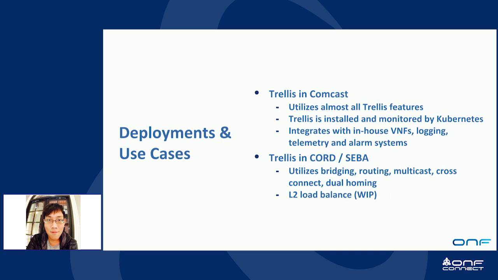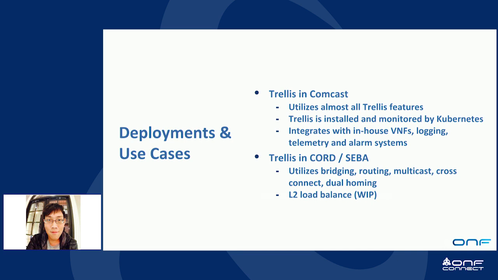And they install Trellis and they monitor Trellis using their Kubernetes system. And then they also integrate Trellis with their in-house built VNFs and logging, telemetry, and alarm systems. In this case, Trellis is used as a standalone system, although it's integrated with some other services like logging and telemetry. But basically, Trellis is in standalone mode.